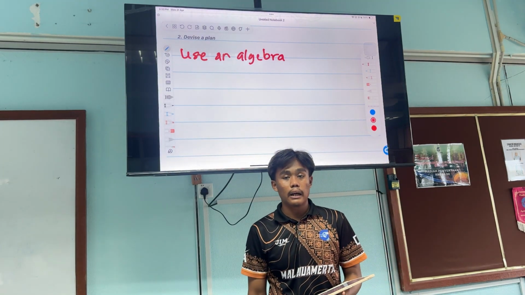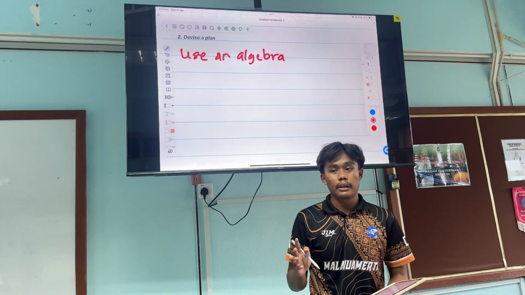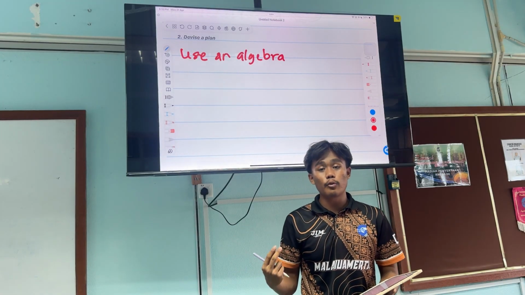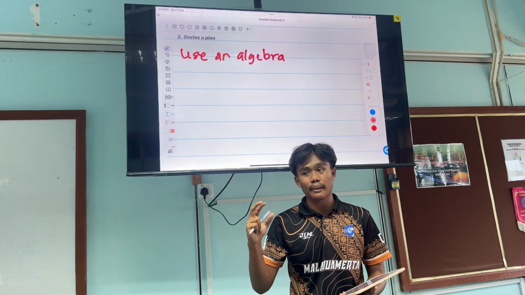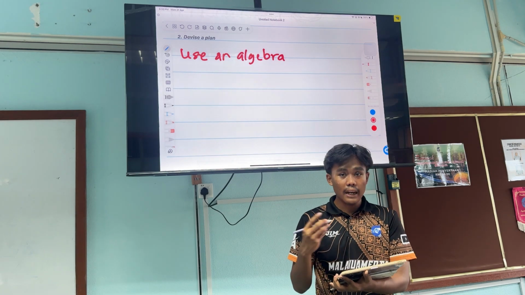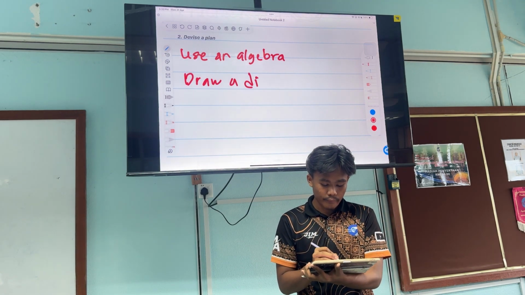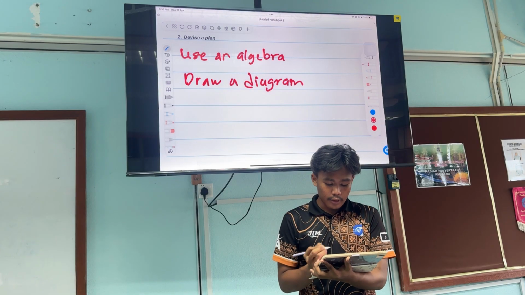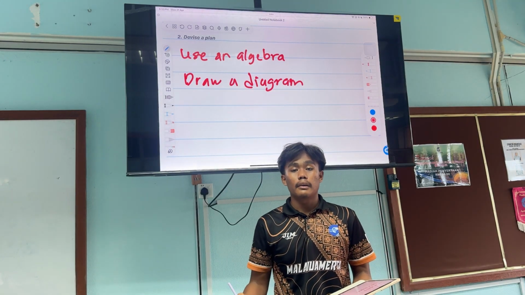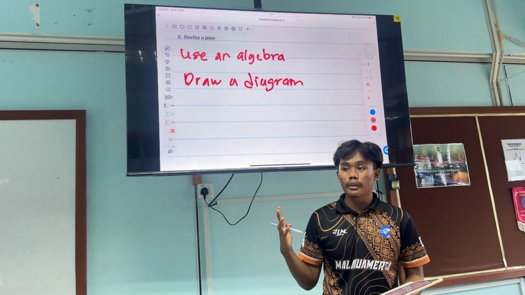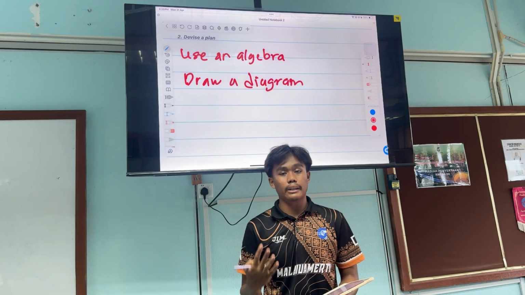We can use an algebra because if we look back at the question, it contains the things that we want to find, such as the height, and then we can draw a diagram. This step makes the question or the instruction clearer.